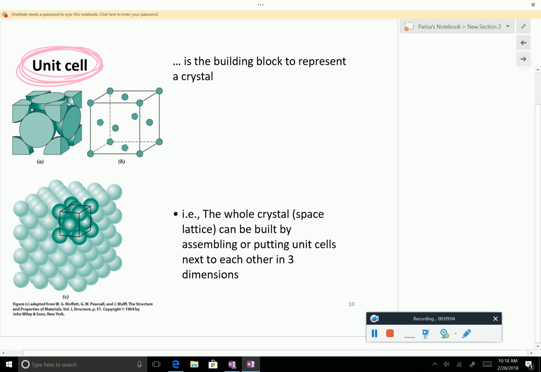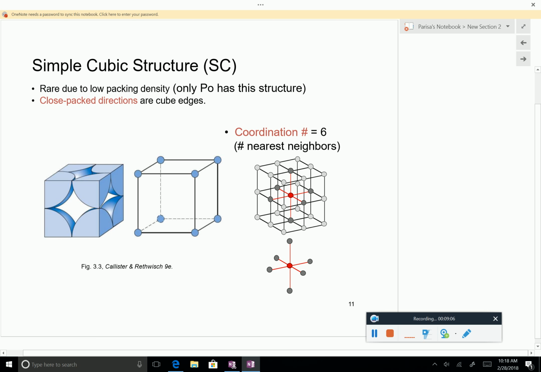And the simplest kind of unit cell is called simple cube structure, SC. This is not a metal, but I start with that because this is very simple. What do we have?